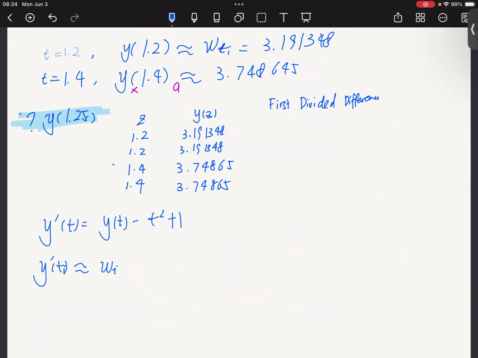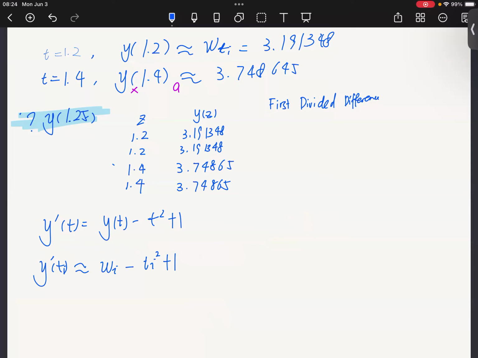So Wi is the approximations value we already got for Y(Ti). And minus Ti squared, there's no approximation there because these are the nodes, and then plus 1. So which means that we are going to approximate the derivative at Ti by using the values we get from the Taylor's method, Wi, minus Ti squared plus 1.